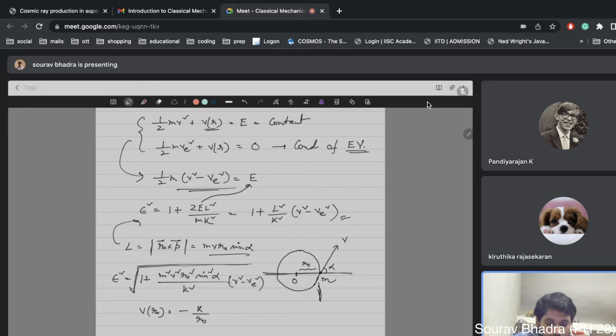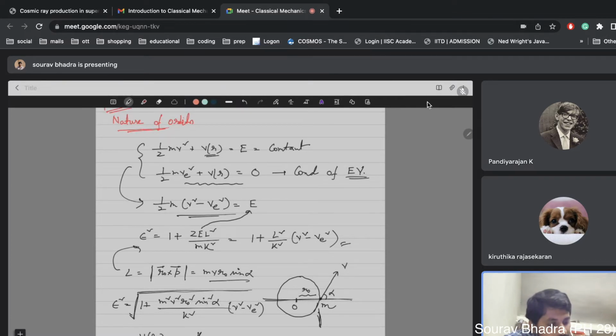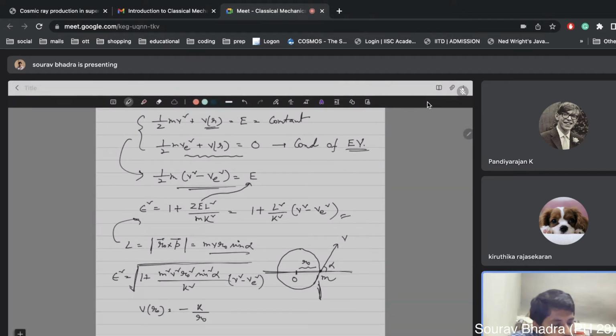If we use the condition for the escape velocity, that half m v square plus V(r) equals 0 at this particular position r0, that will give us the escape velocity at that position.